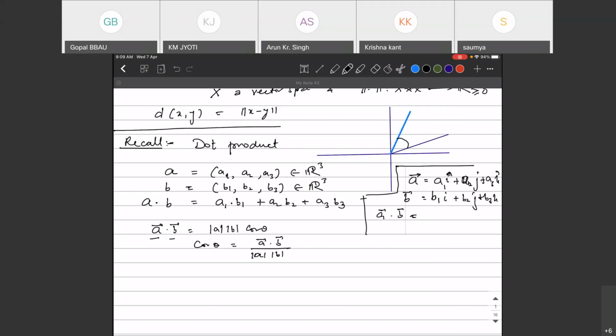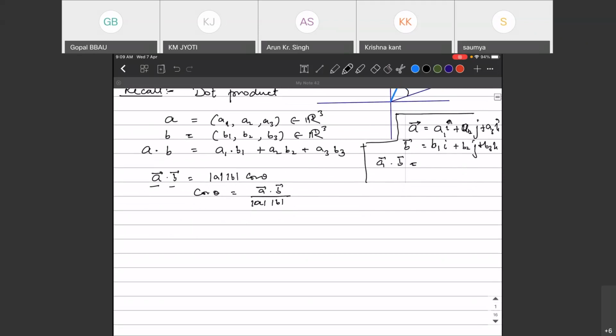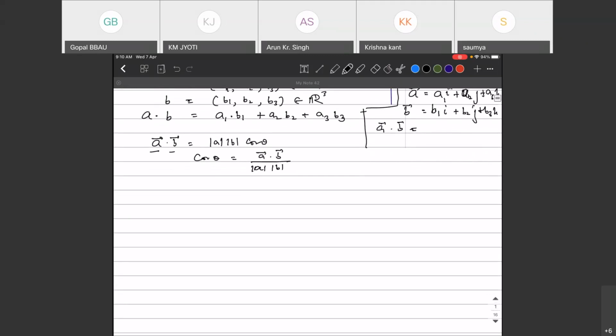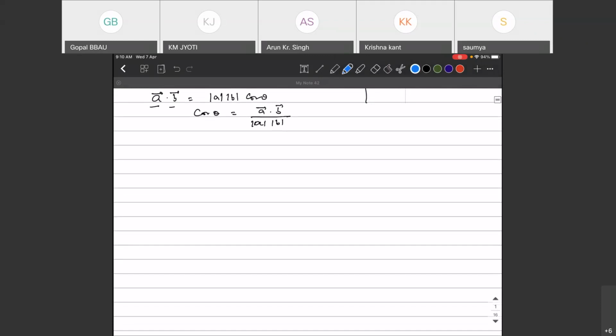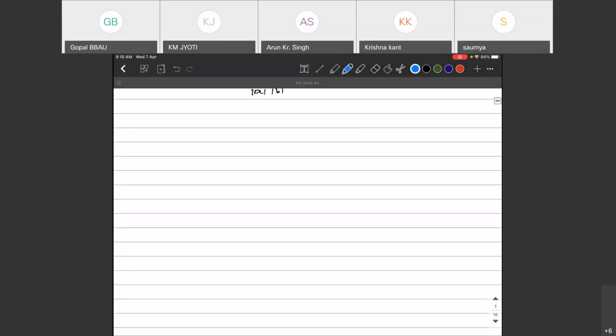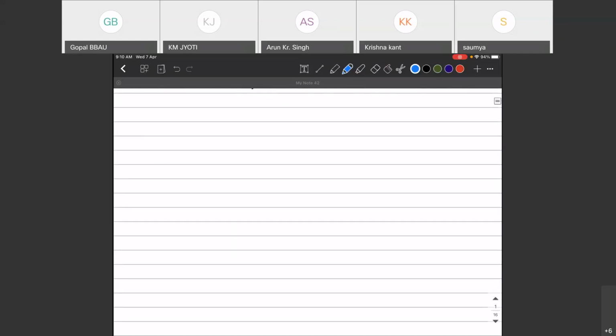So we will generalize this notion of dot product in arbitrary vector spaces, and we will do this by defining inner product on vector spaces. You all have learned this concept of inner product in linear algebra. I will not give you too much details, so let me give the definition first.